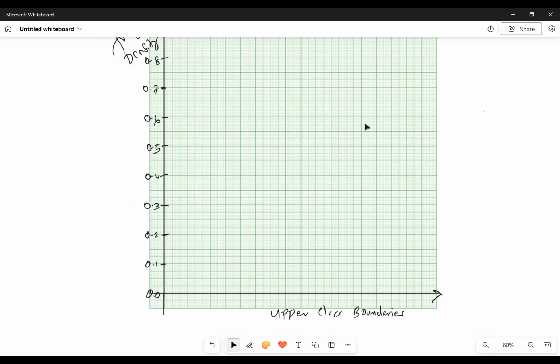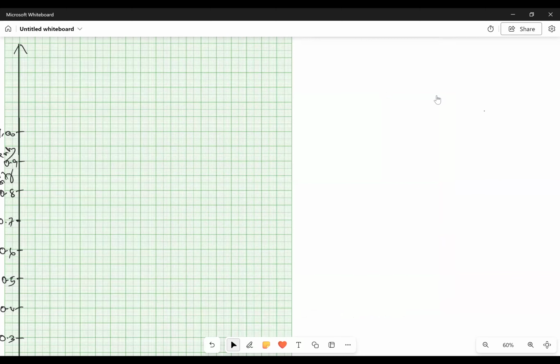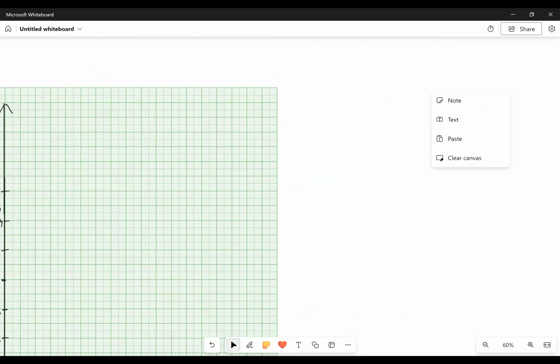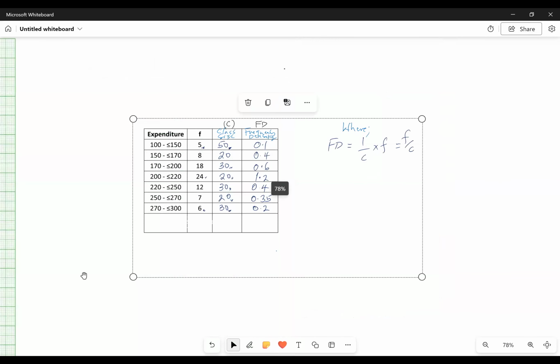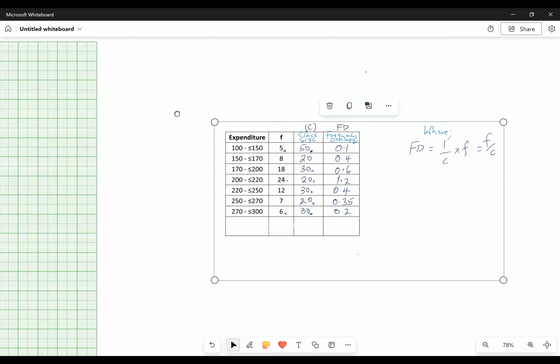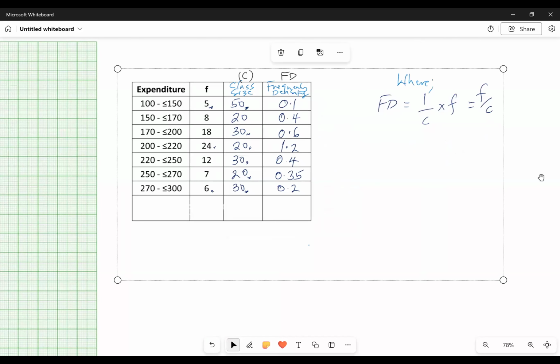So with that, I now go to the boundaries. Remember what I have. Let me see if I can paste it here. You can get this table, paste it right here. This is my table. Remember, I have 100. So we shall begin from 100. Oh, we have 1.2. 0.8, 1.2.